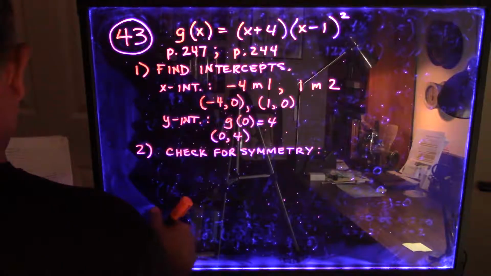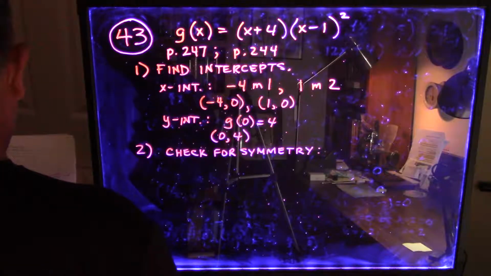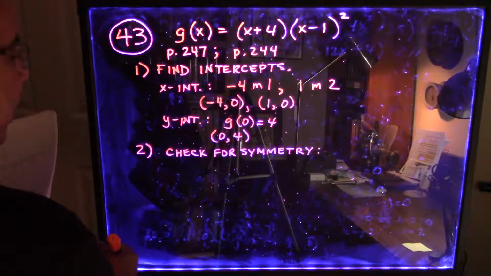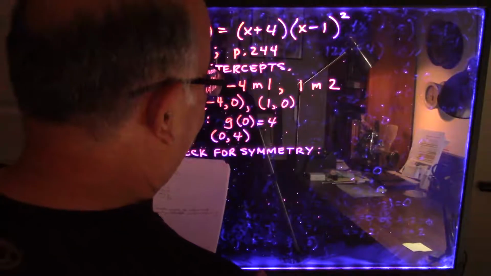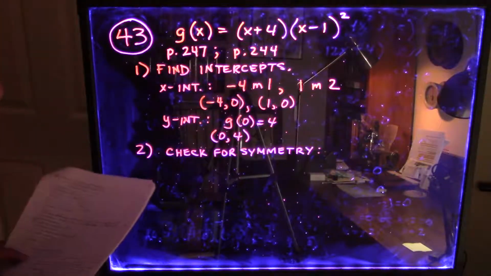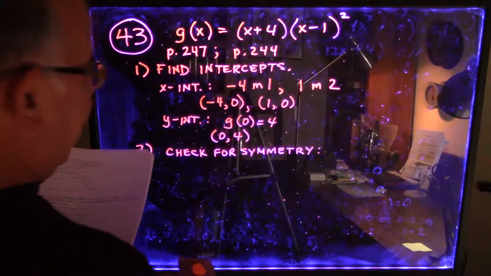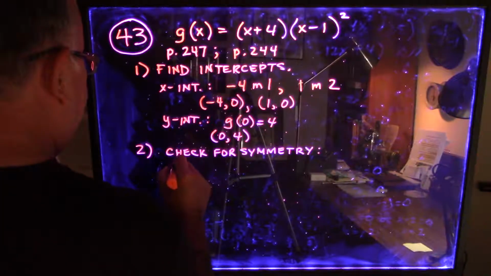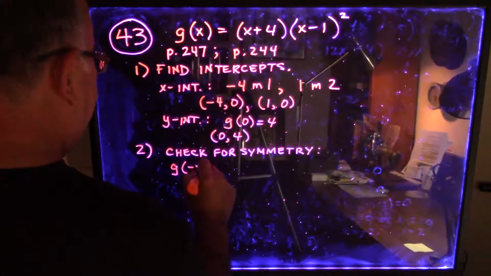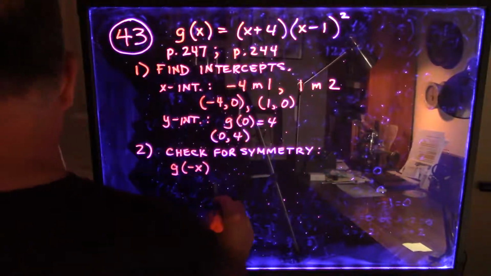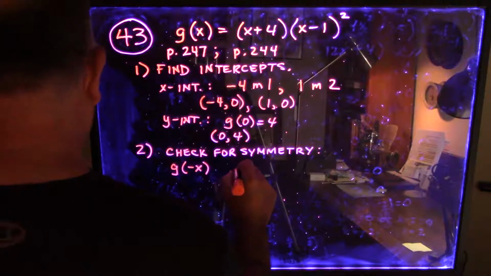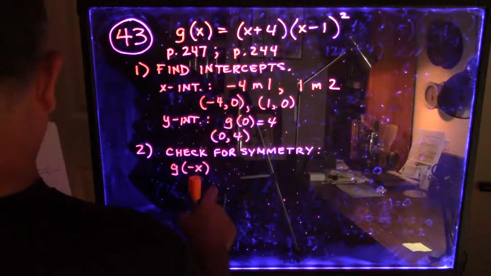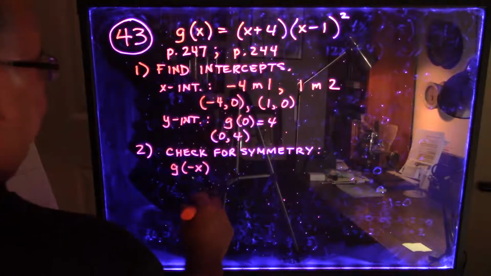All right, so is it even or odd? In other words, if it's an even function, it's symmetric with respect to the y-axis, and if it's odd, it's symmetric with respect to the origin. So there's a test for this. You take g of negative x, and if that equals g of x, it's an even function. If it's equal to negative g of x, it's an odd function.